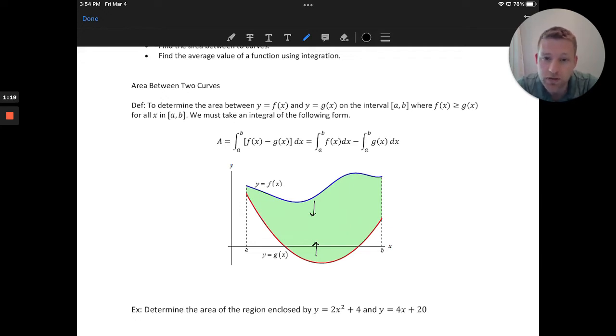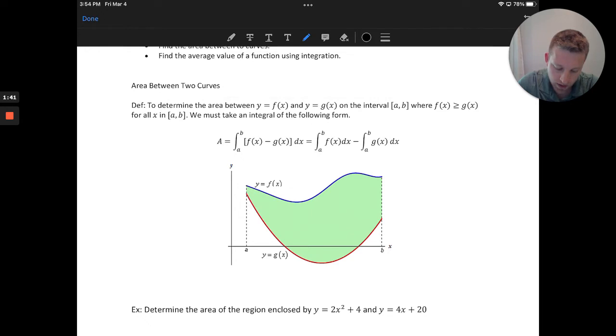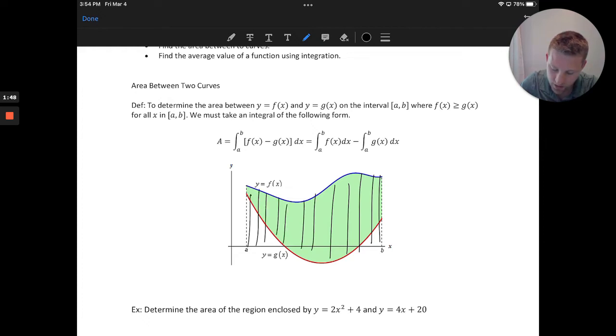So by definition, we can find this area by taking the integral of the f of x function from a to b, wherever those endpoints might be. That would give us the area all underneath this blue curve, f of x. But we don't want to capture any more area than we have to. And so we don't want to capture that area that is trapped below the red function, the g of x function.